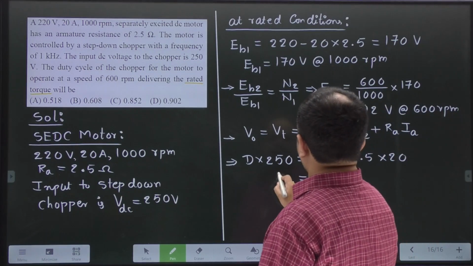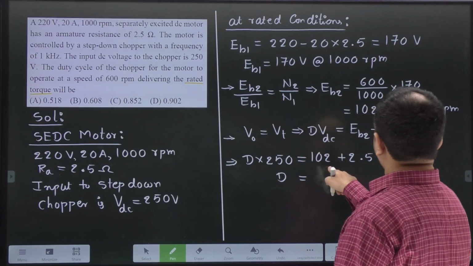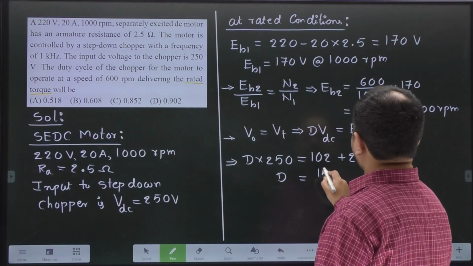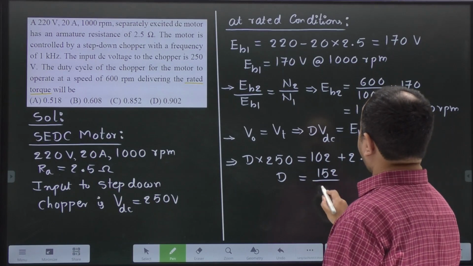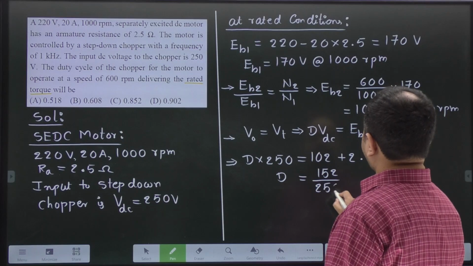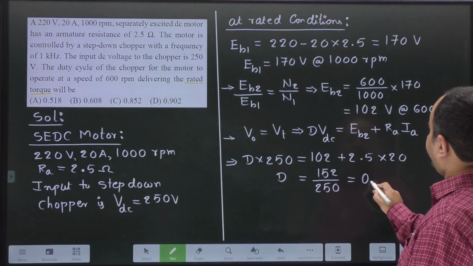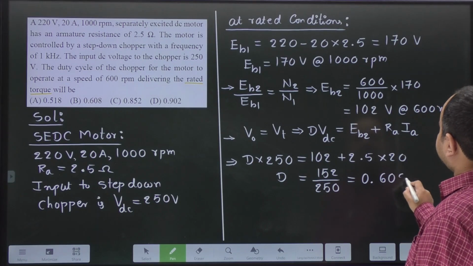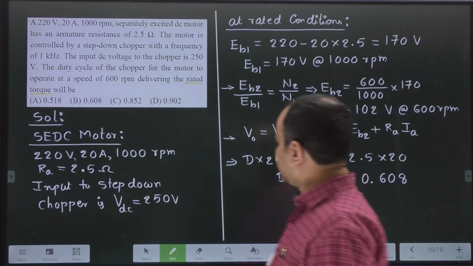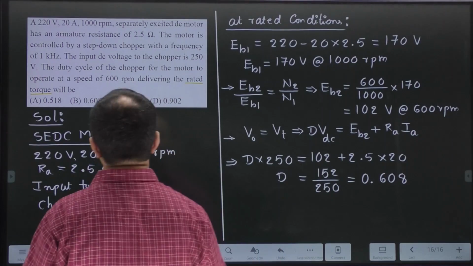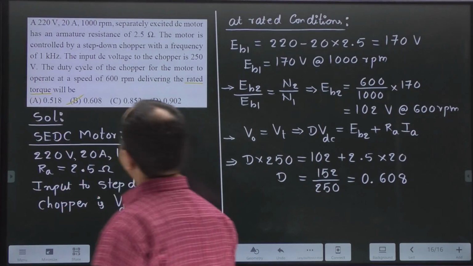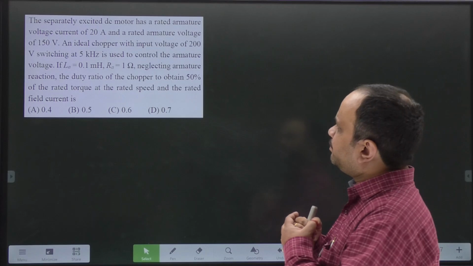So D is equal to 102 plus 50, 152, divided by 250. So this value is 0.608. This is the answer. That is option B. Now let us take another problem.